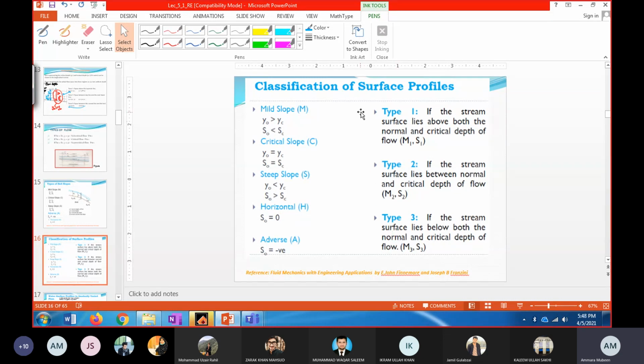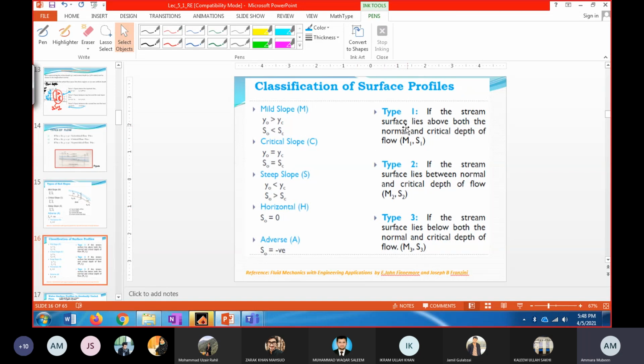So you will be associating those 3 zones with one bed slope. Similarly, for steep slope, the classification of surface profile can be S1, S2, S3, and you know how to classify that accordingly.